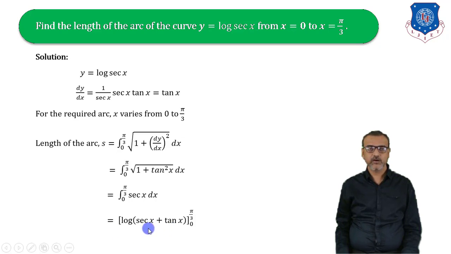So it becomes logarithm of 2 plus root 3. Then after the minus sign, replacing x by 0, it becomes logarithm of sec 0 plus tan 0. The value of sec 0 is 1 and tan 0 is 0, so it becomes log 1, and the value of log 1 is 0. So the overall result is logarithm of 2 plus root 3. This is the required arc length of the given curve y equals log sec x from x equals 0 to x equals pi by 3.